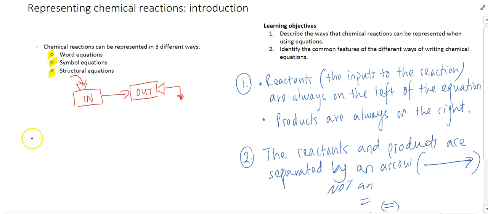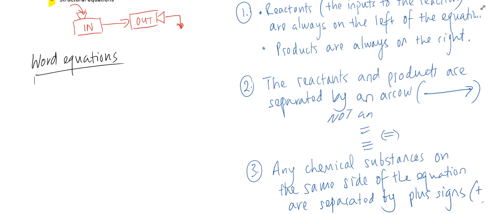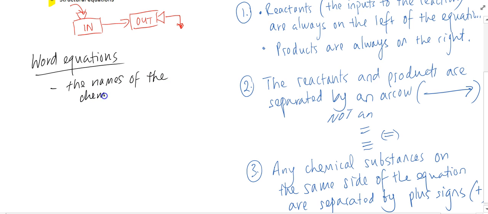Now the first is the word equations. So represented with word equations. And word equations are by far the simplest. And basically, the names of the chemical substances are used. Super easy.